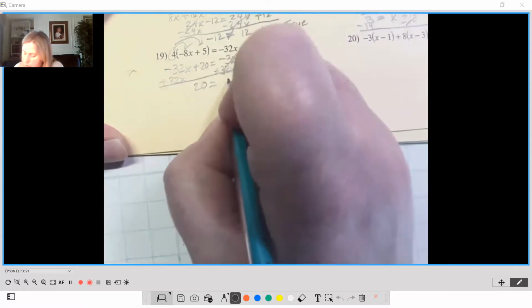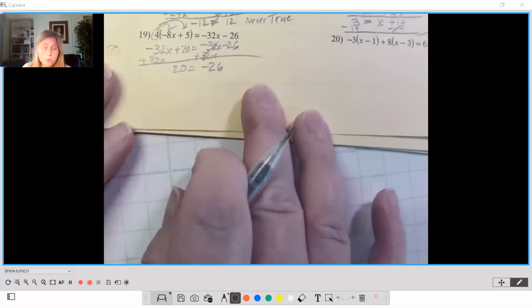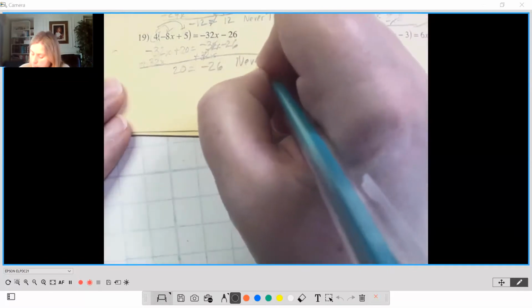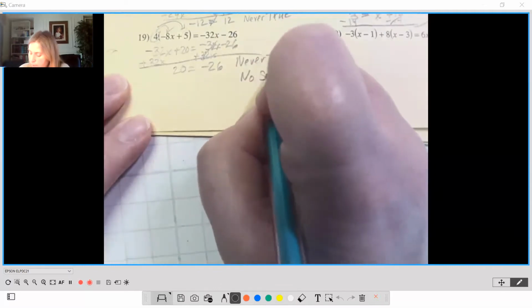So add 32x to each side. This gives us 20 equals negative 32x plus 32x is 0. And then bring down the negative 26. And again, we have 20 equals negative 26. So that's never true, no solution. So our answer is no solution.